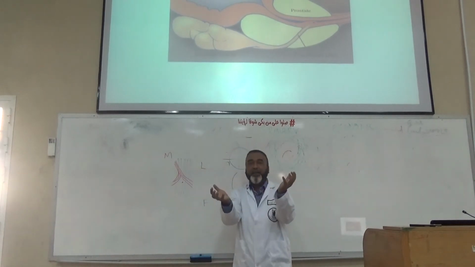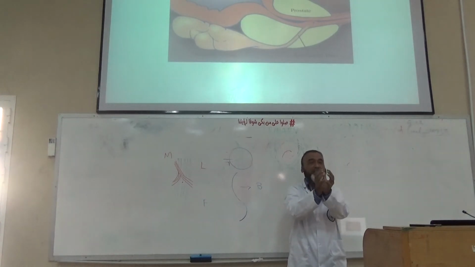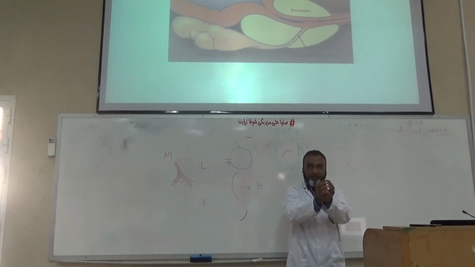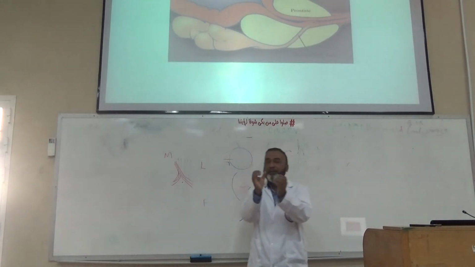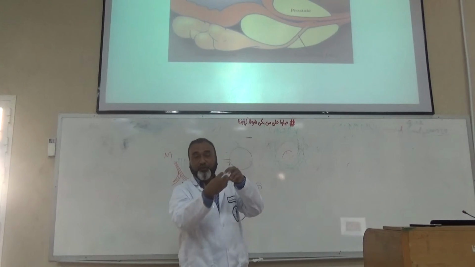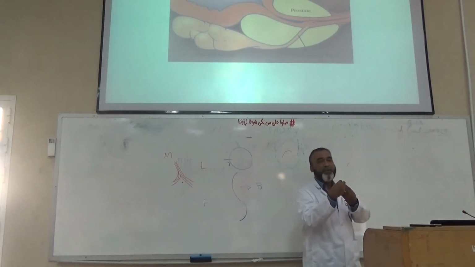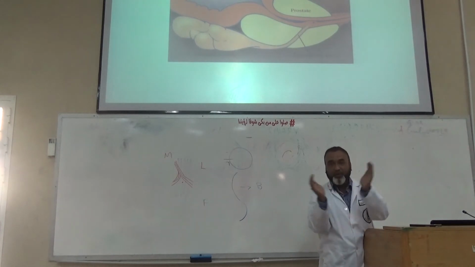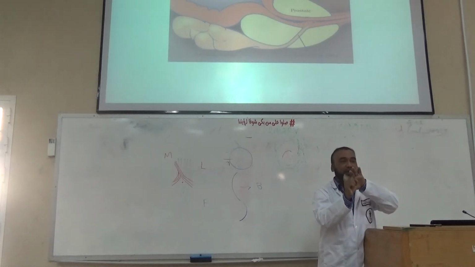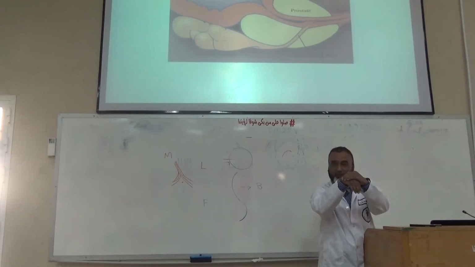Along with this, the two lateral lobes also increase, which presses the urethra, so the speed of passage of urine is less due to the reduced lumen of the urethra, due to the two lateral lobes and median lobe.